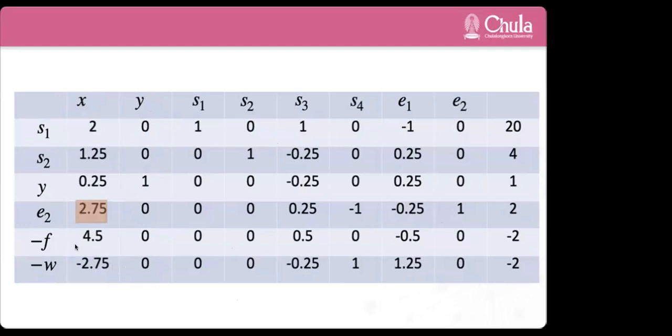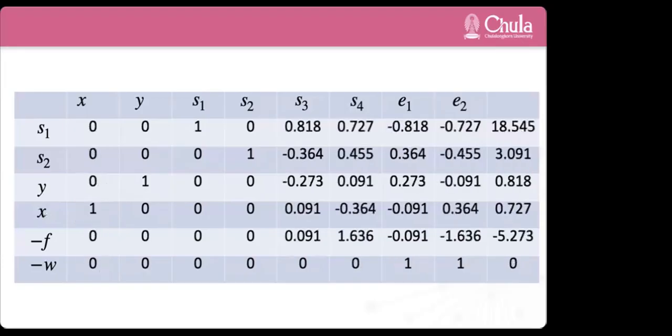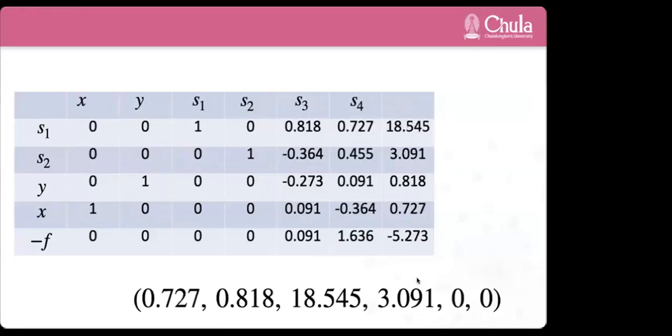The next step is this column because this is the most negative one. Then we got W is 0. Then we remove E1, E2, and also W from our table. We obtain this table, then we enter the second phase. However, we cannot do anything. It just stops because this is the optimal solution already, because we don't have negative coefficients.